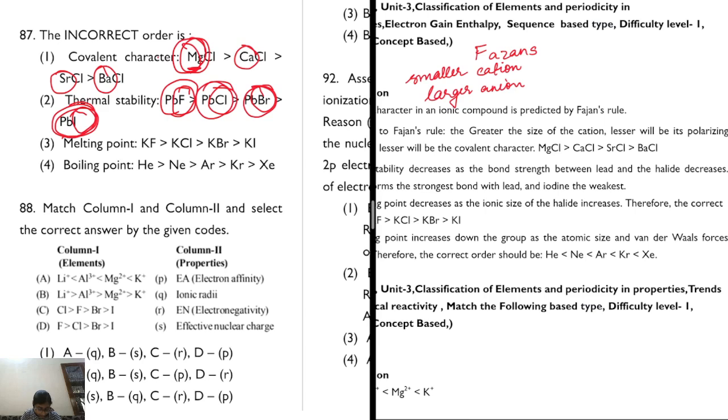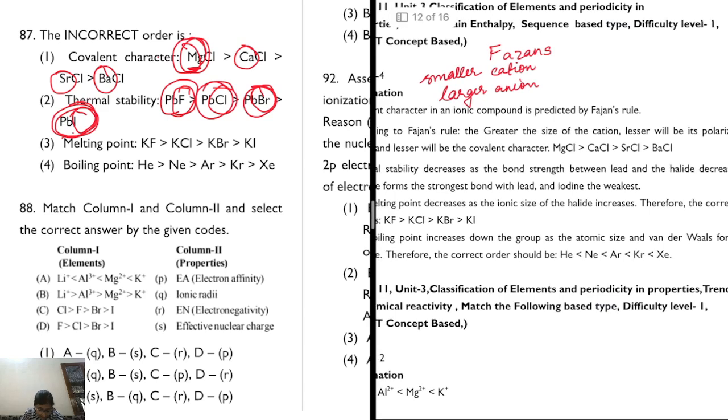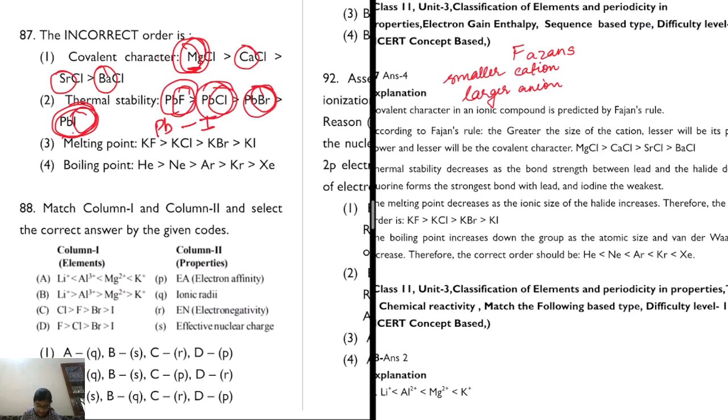The correct order is this. Why? Because in PbI2 the halide is the largest in size, so we will require less energy to break this bond, and it is less thermally stable.